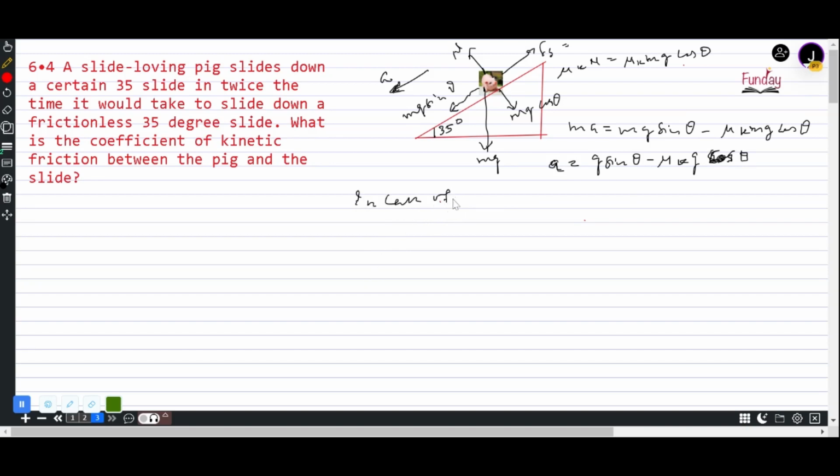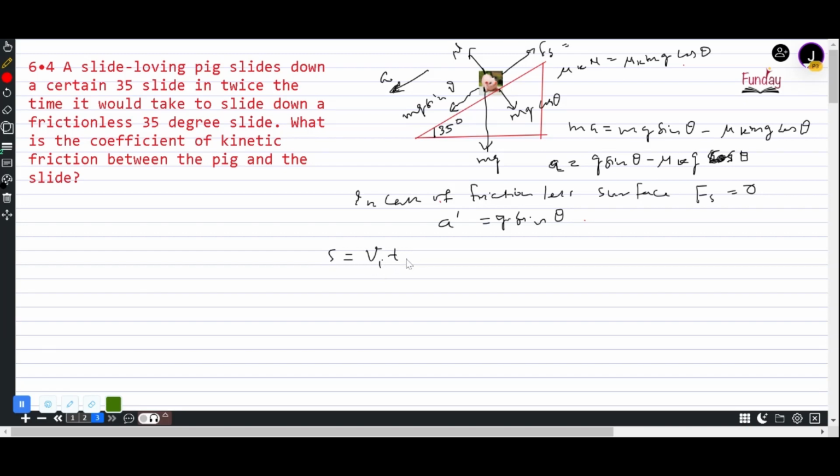Now in case of the frictionless slide, there is not going to be any friction, so mu k will be 0. So there is no Fs and there is only one force, mg sin theta, in the direction of the slide surface, giving an acceleration ma dash. So ma dash is equal to mg sin theta, so a dash is equal to g sin theta.